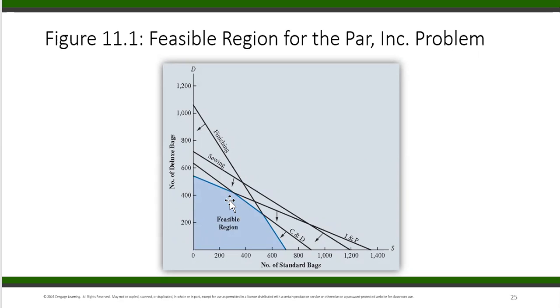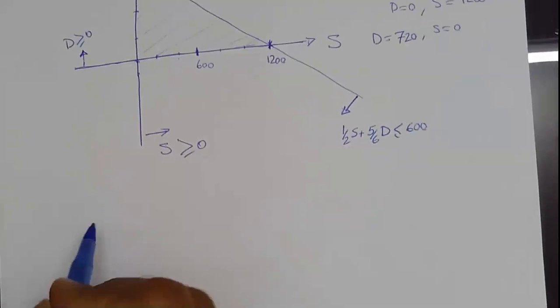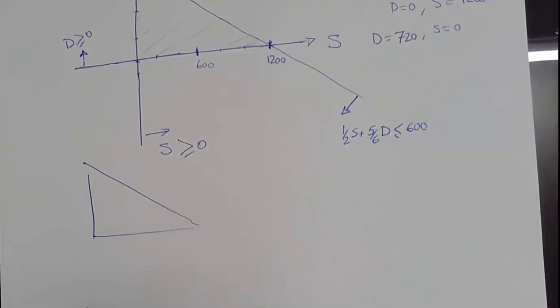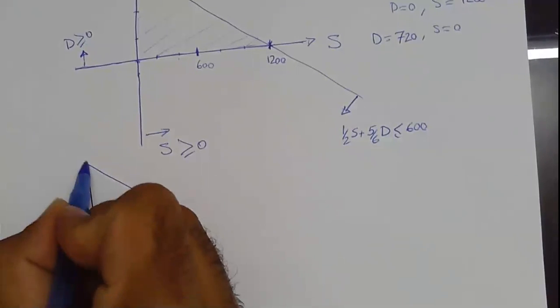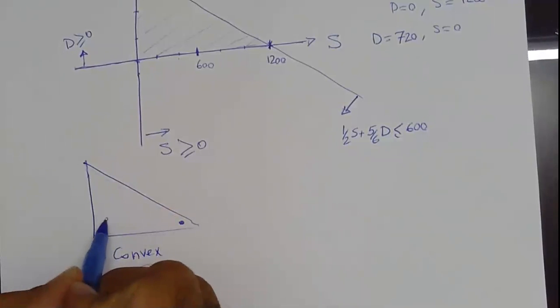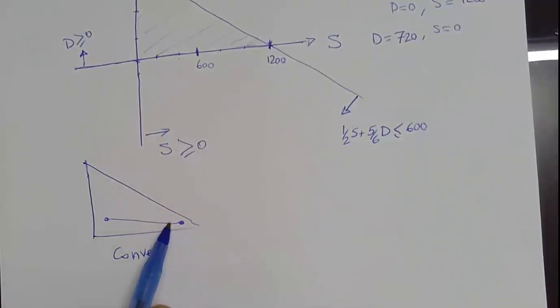I'm going to show you an example. This is convex, meaning that if you take any point here with any other arbitrary point and connect those 2 points, any point on this line is also within the convex region.